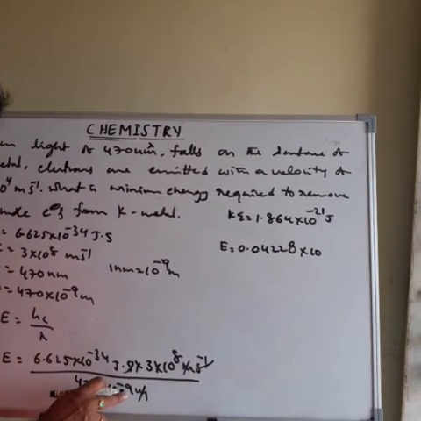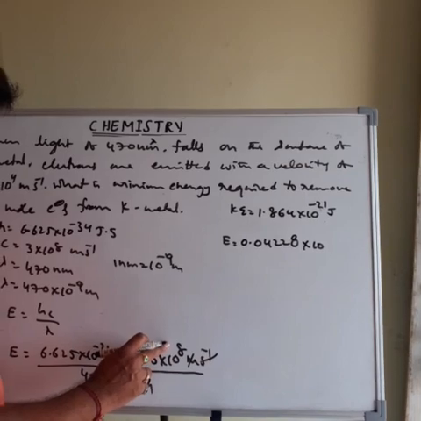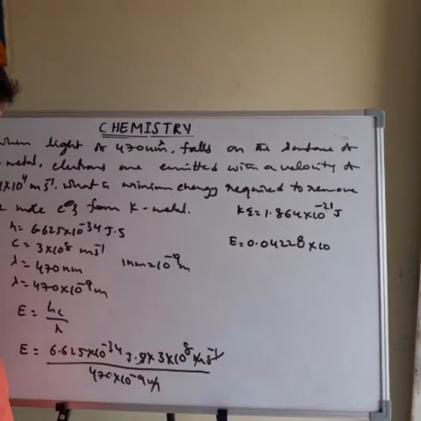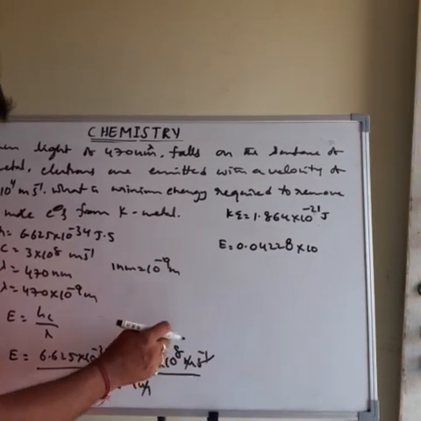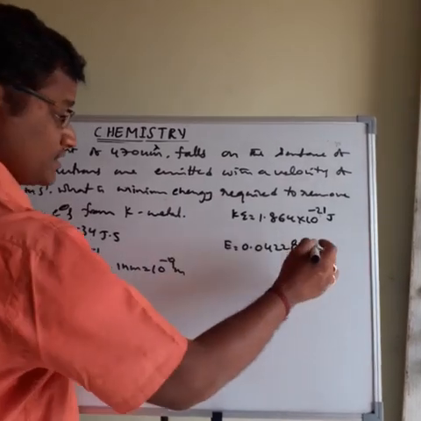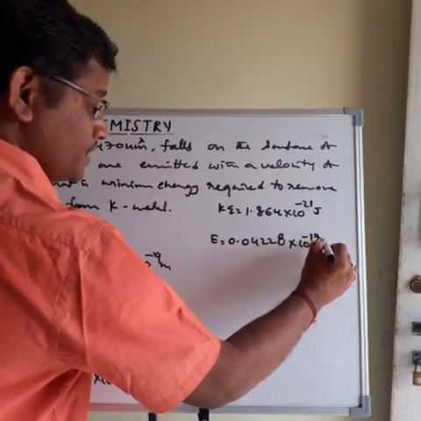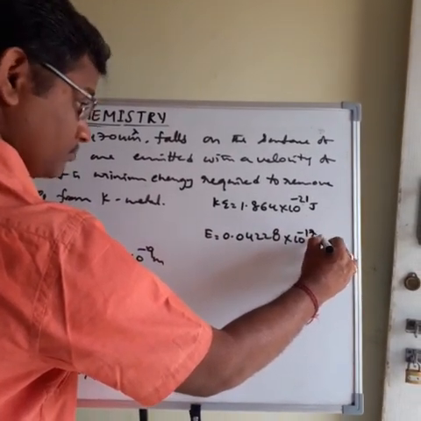So minus 9 in the denominator becomes plus 9 in the numerator, plus 9 plus 8 is plus 17, minus 34 plus 17 gives minus 17. Minus 17 joule will come.